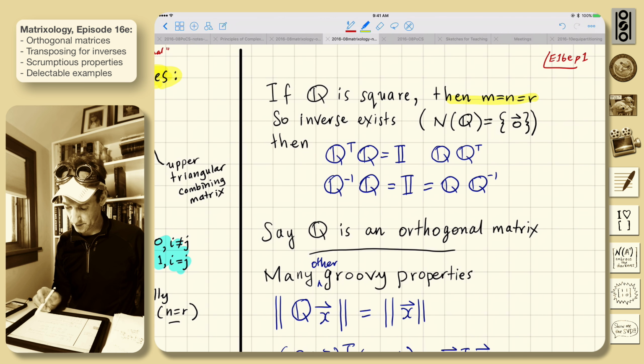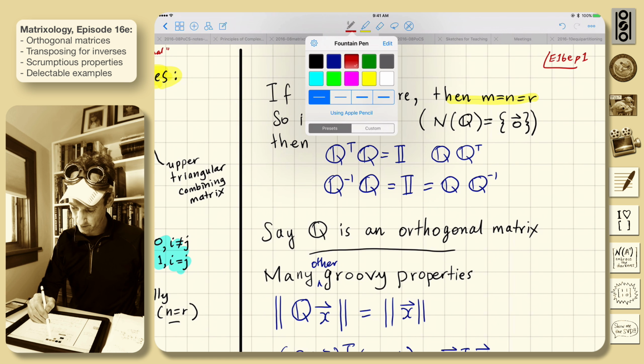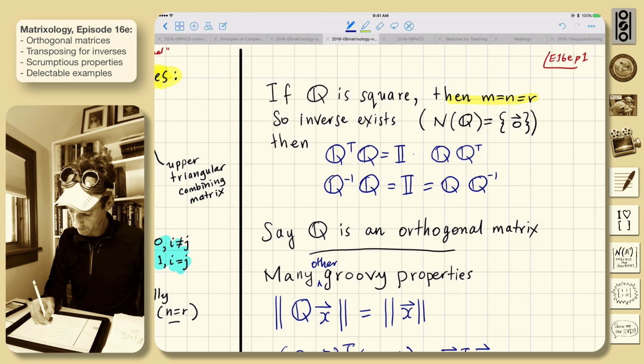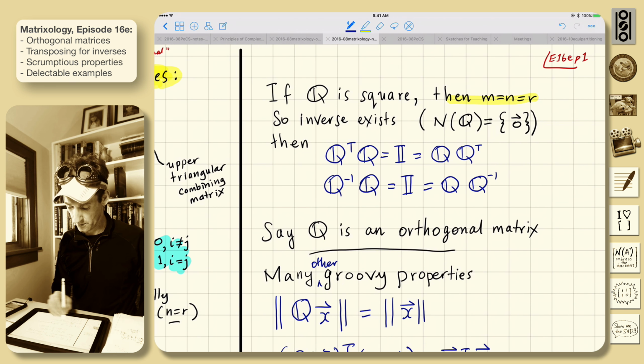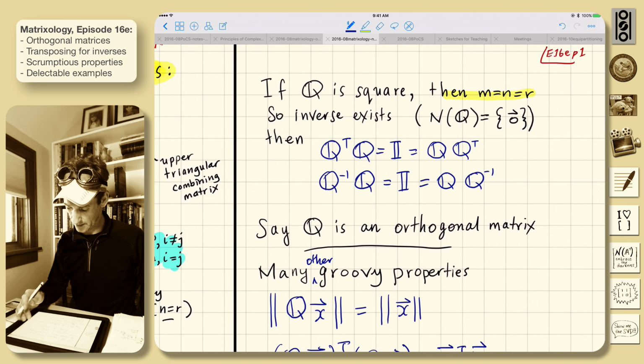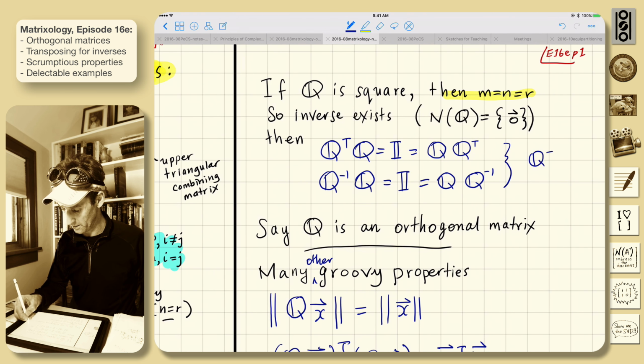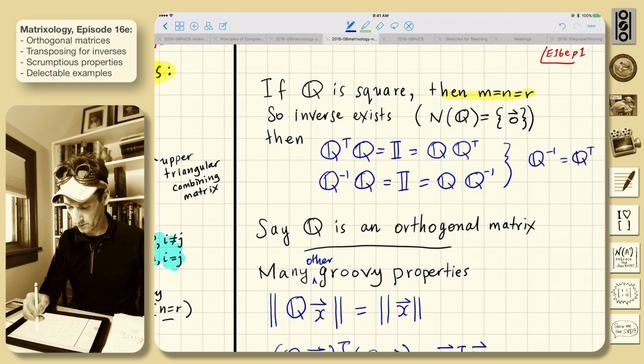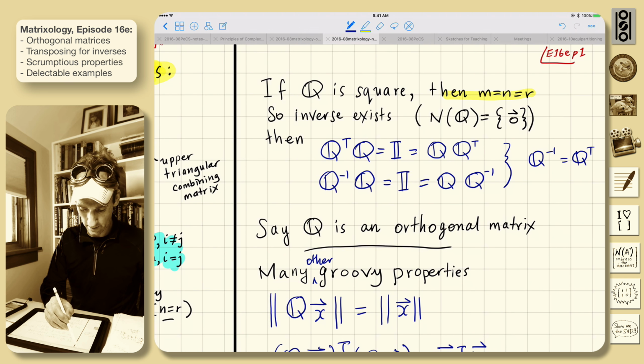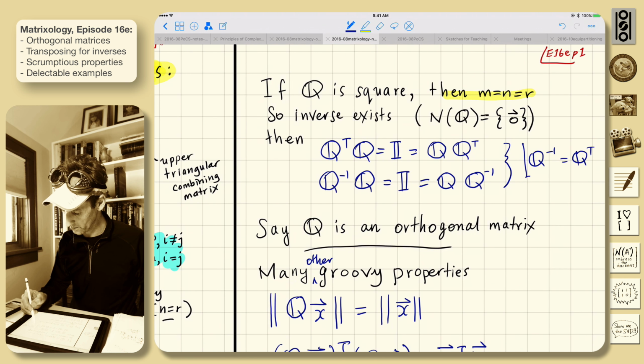Then we have Q transpose Q is equal to the identity, which is QQ transpose, and of course we know that's the way the inverse works. And so we say, big deal, Q inverse is just the transpose, which seems remarkable. I hope you think that's kind of remarkable, because it's a crazy thing.